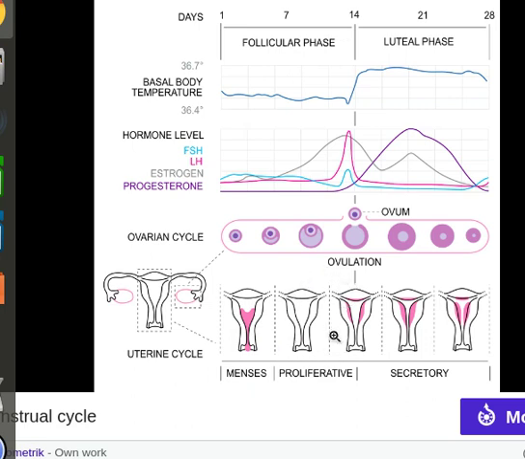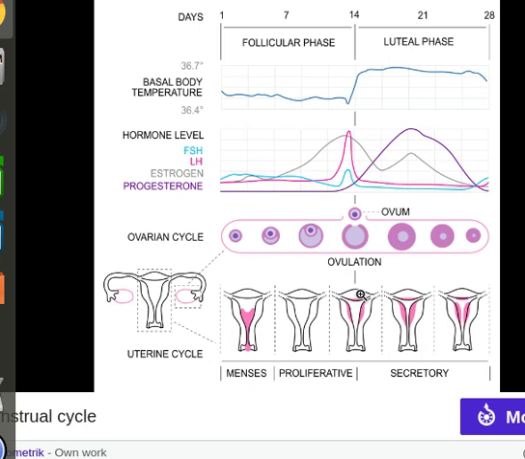Building of the uterus lining. Yes, we need that for the egg to feel at home, to feel that this is a perfect home for the egg. So when is ovulation again? Around day 14, so that can be 12 to 15.